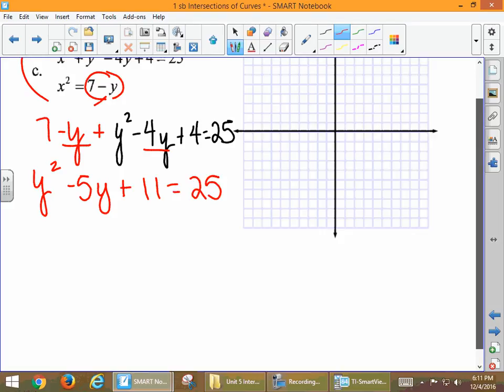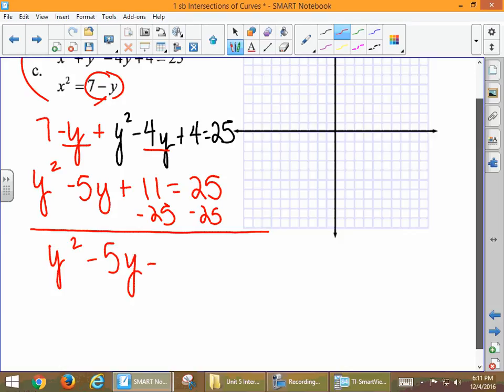And let's bring the 25 over to the other side. And we end up with y squared minus 5y minus 14 equals 0.